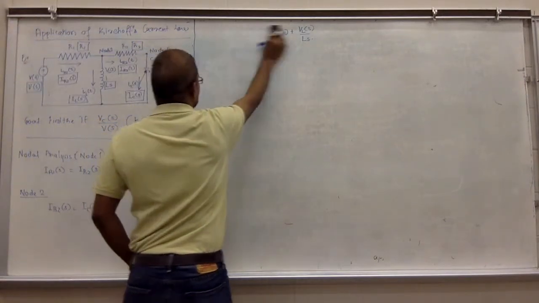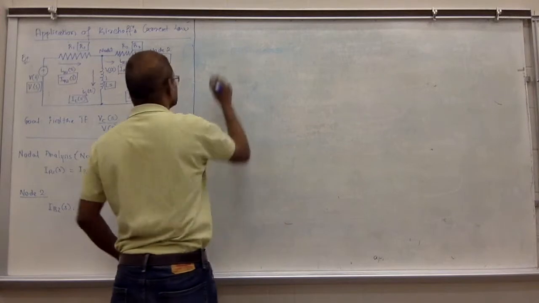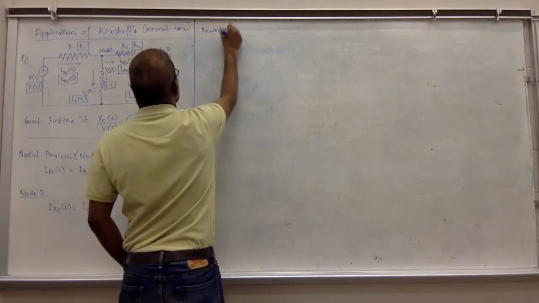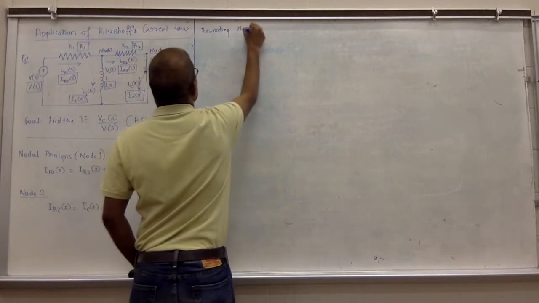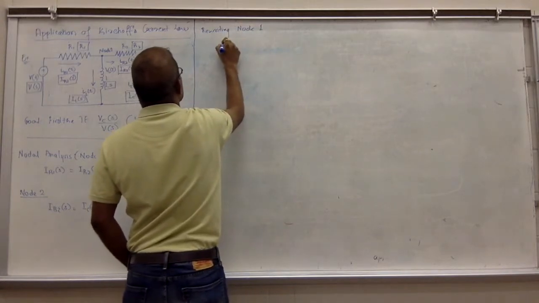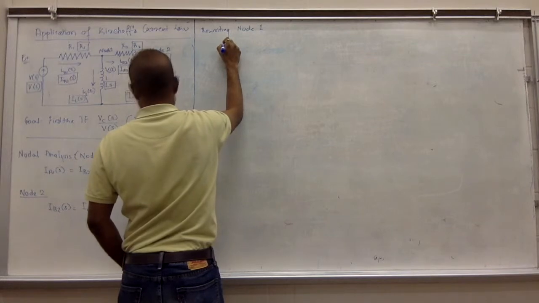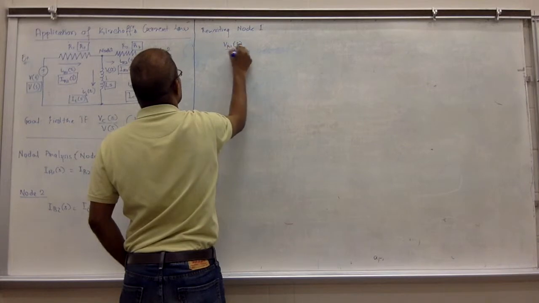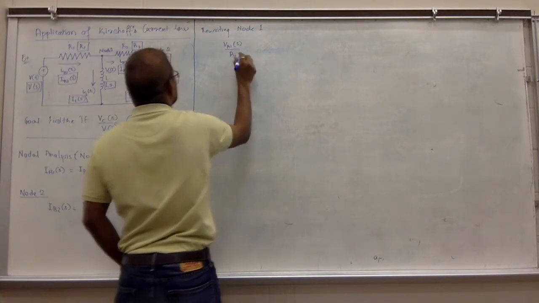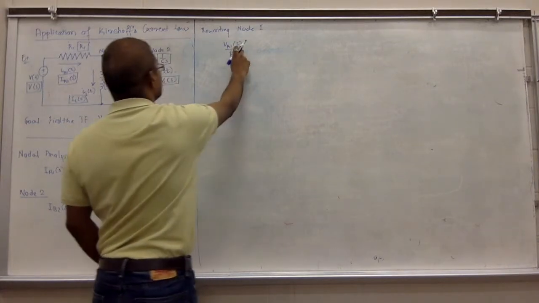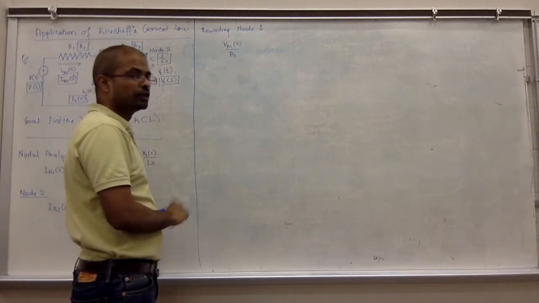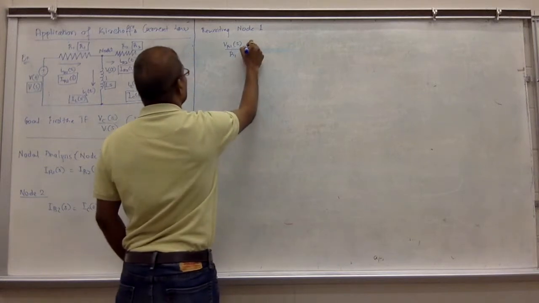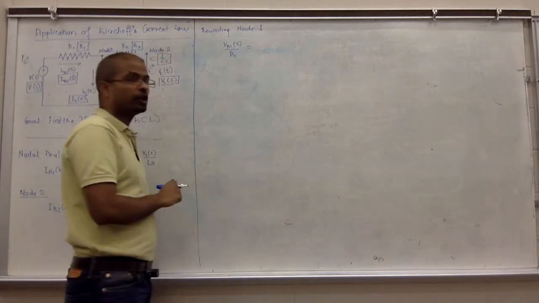So let me rewrite it. At node 1, you're going to get VR1 of S divided by R1. So you agree with this? This is clear? I've just written Ohm's law, V equal to IR.